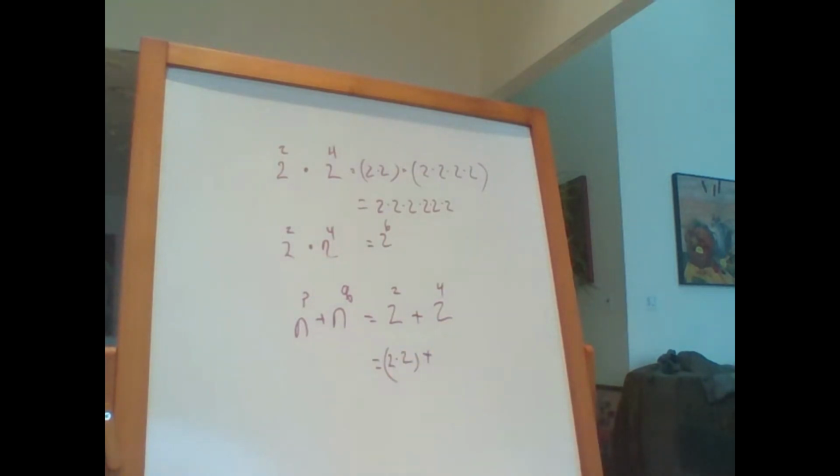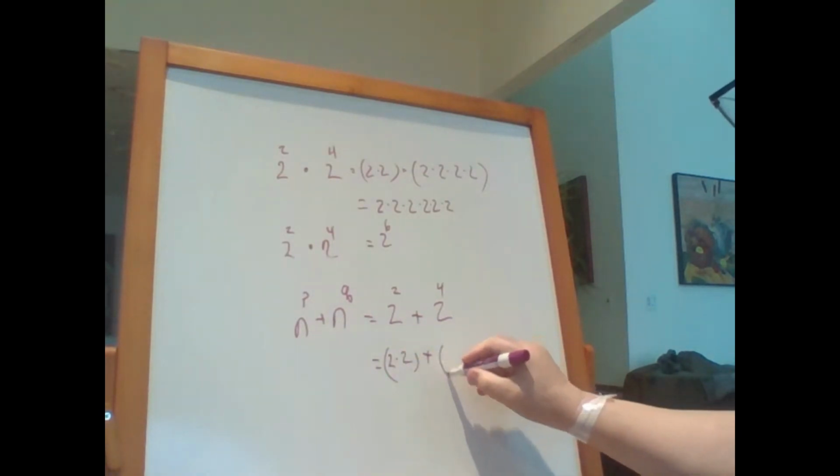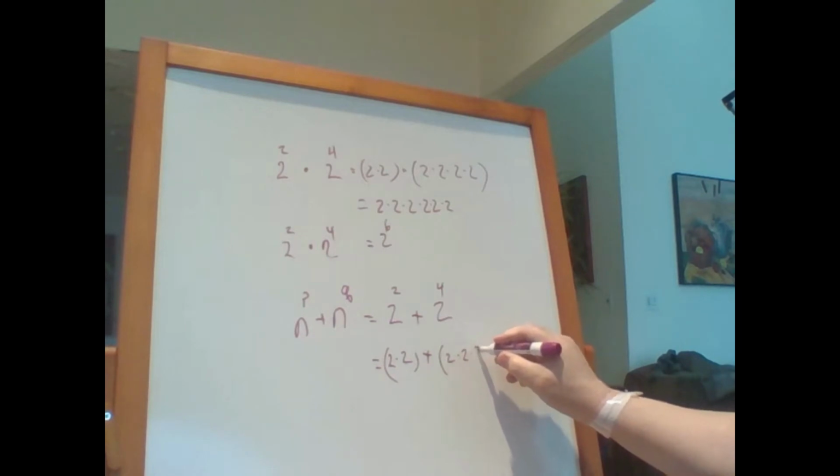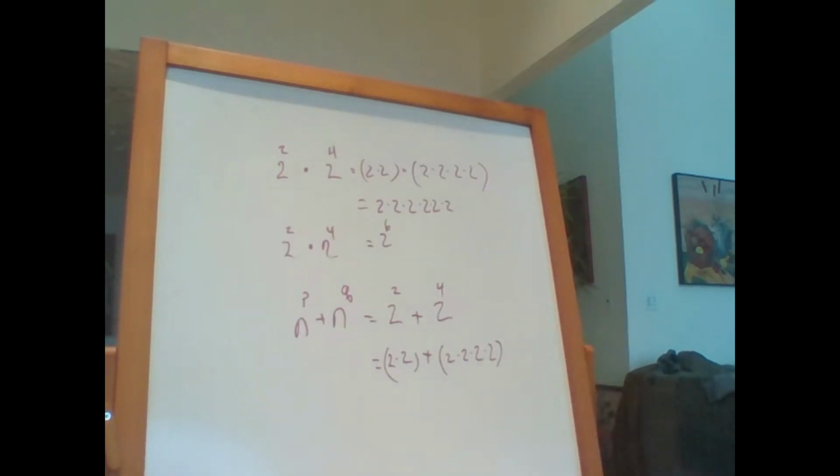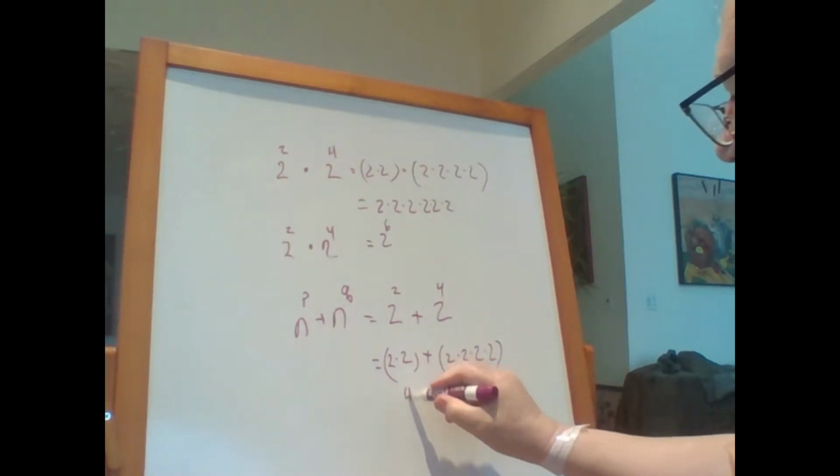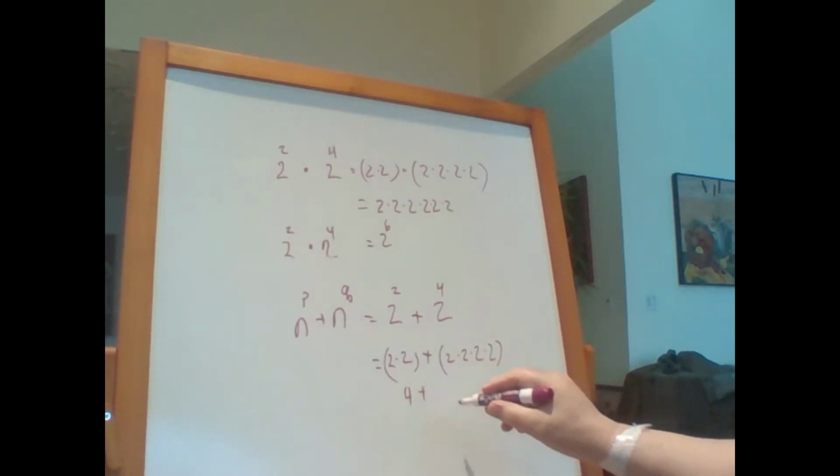We're not multiplying. We're adding that to 2 times 2 times 2 times 2. And this is 4 plus 16, and that's equal to 20.